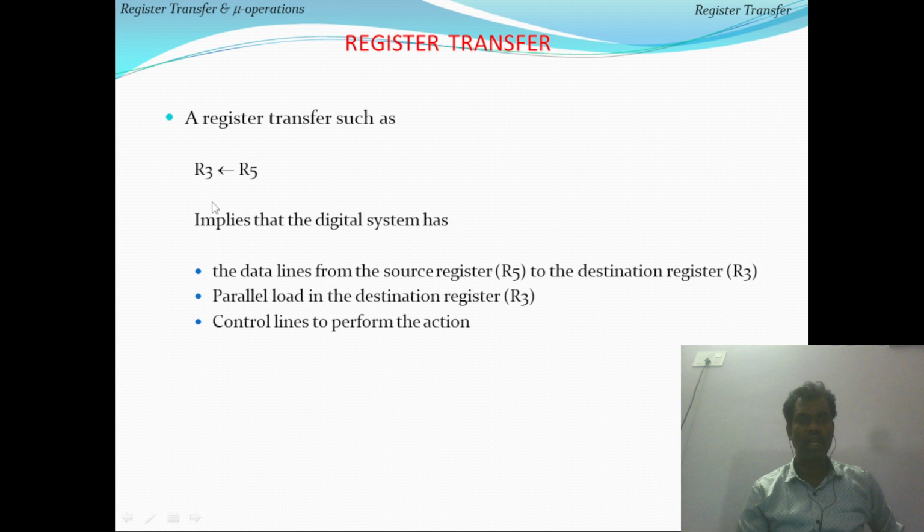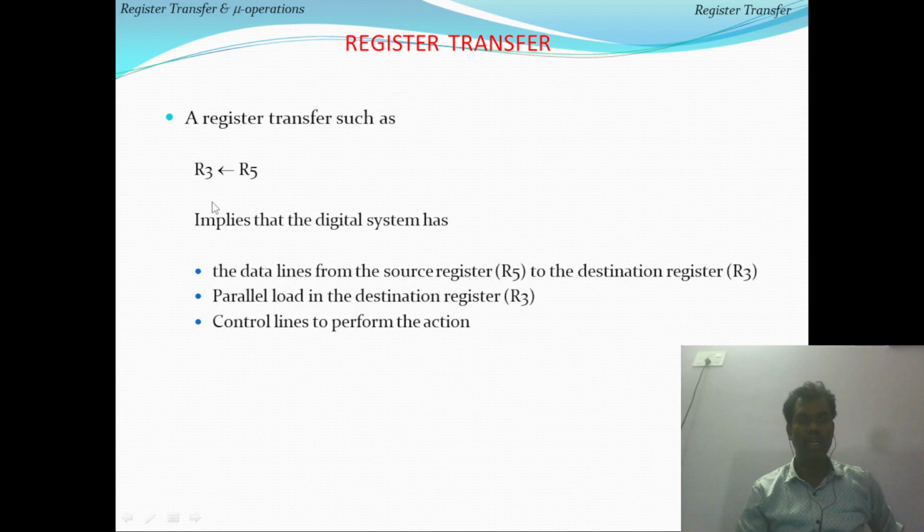A control function means that whenever some condition is satisfied, for example if the result is 0, or if the result is negative, or if some other register is negative. If R3 is equal to 0, then we want to transfer the data from R1 to R2. This is the condition.